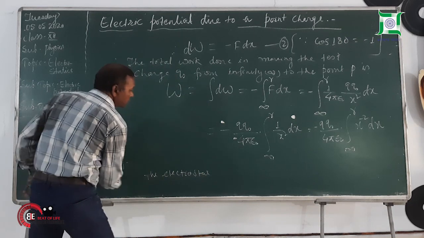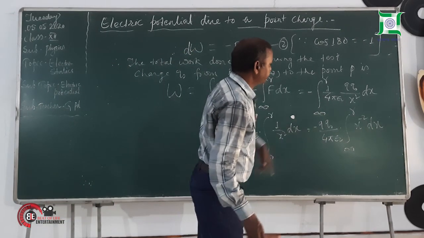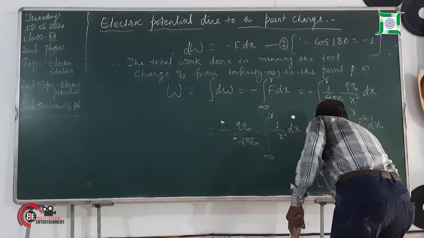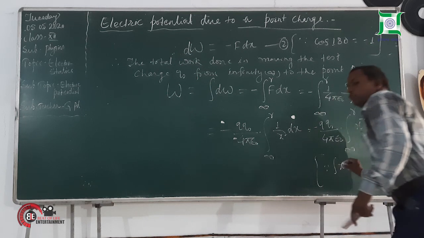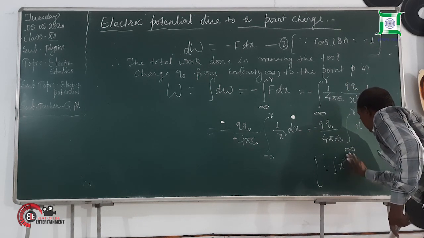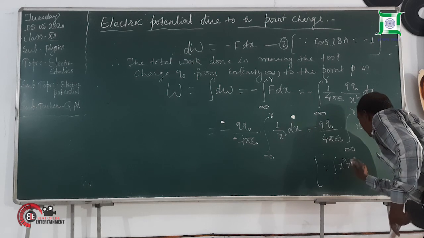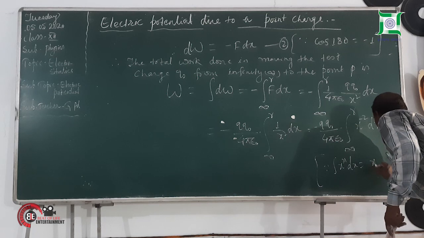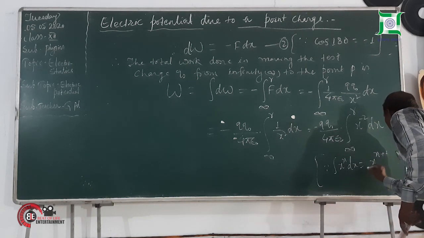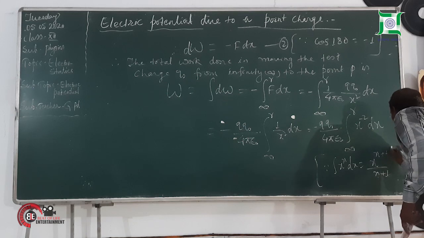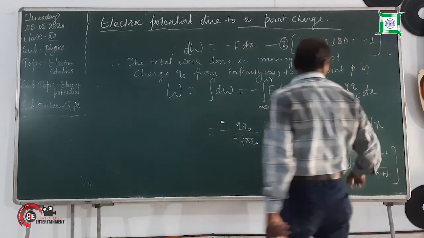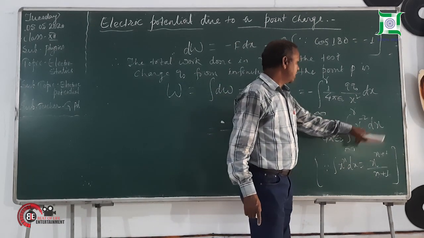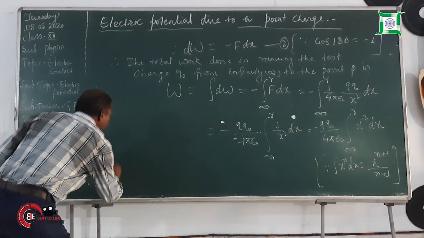Now to remove this integration, we apply the formula: integration of x to the power n dx is equal to x to the power n plus 1 upon n plus 1. According to this integration formula, we get the result.